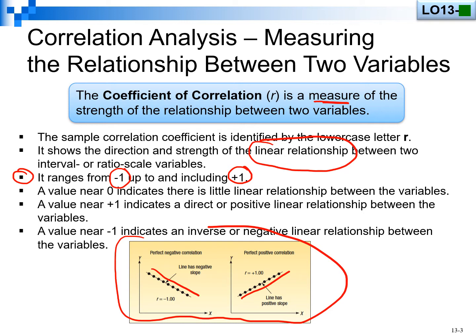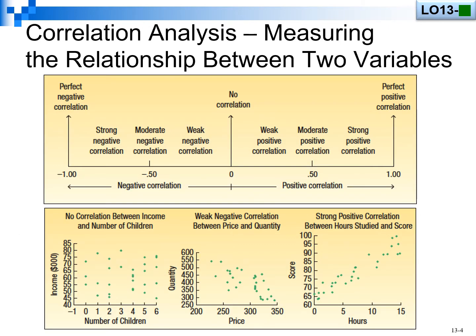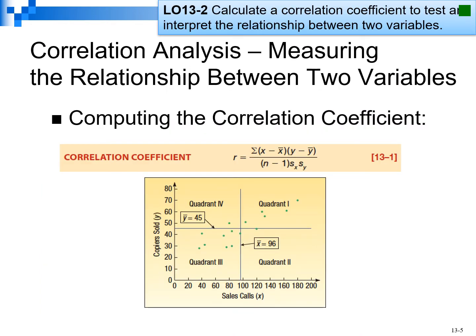This first calculation is called the coefficient of correlation, and the symbol we use is the letter r. Typically, a value close to -1 is very negative, and close to +1 is very positive. You could also get numbers closer to 0, which are either weak negative, weak positive, or possibly no relationship at all.